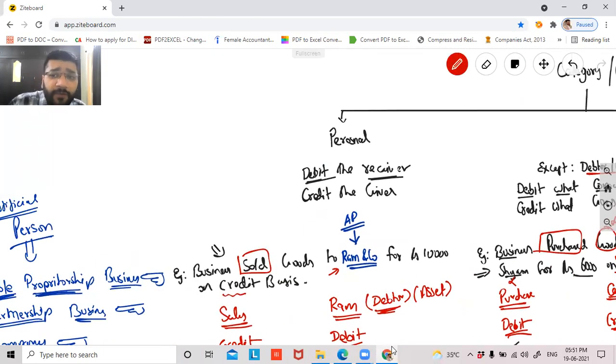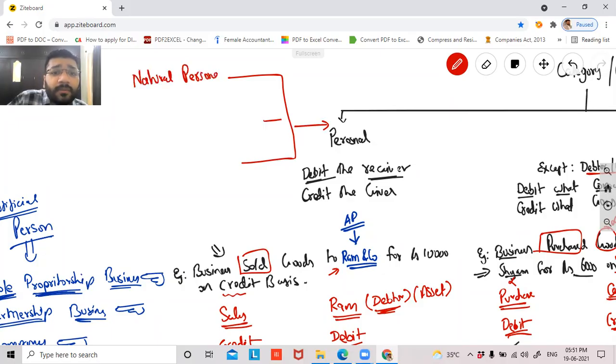Under the personal account, guys, you have 3 categories: natural personal account, artificial personal account, and third is representative personal account.